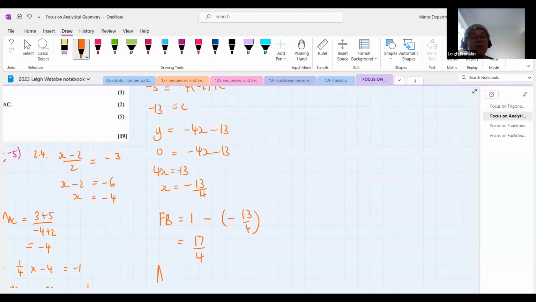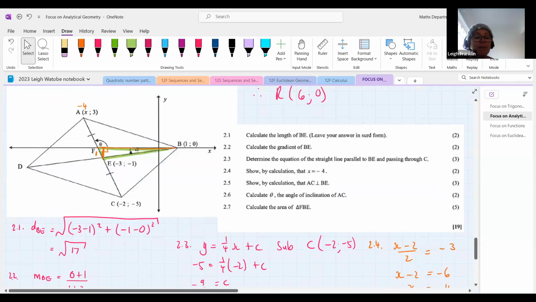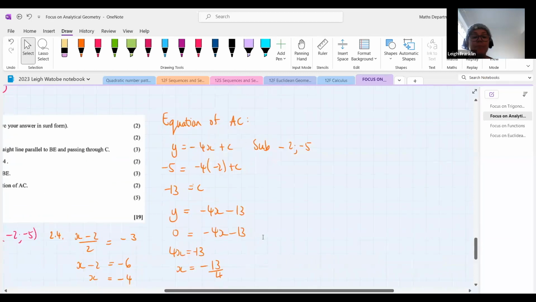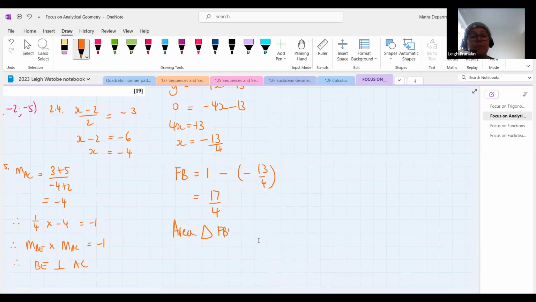And now I could say the area of triangle FBE equals half base times height. So half, the base FB is 17 over 4.